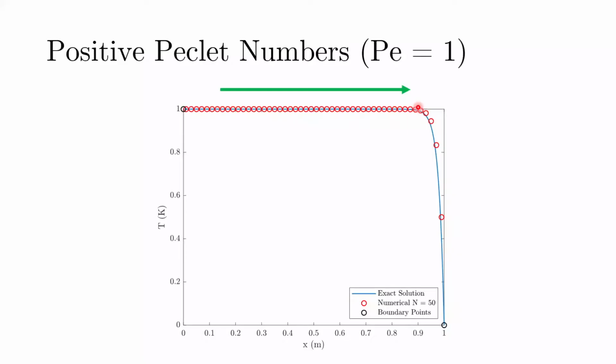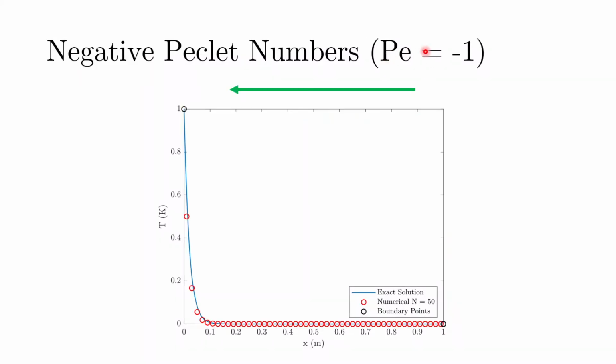So now, having looked at the positive side, let us look at how the negative Peclet number changes the physics. If we have a negative Peclet number, again I'm taking a value of -1 here, the magnitude being 1, in this case the opposite happens. Now the fluid is flowing from right to left, and therefore a lot of points in the domain are the same as the right boundary.